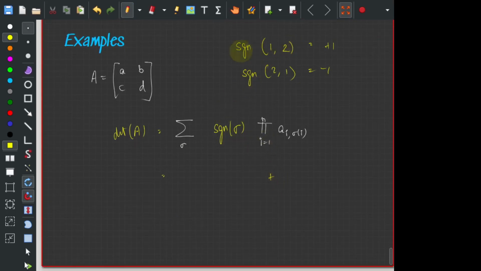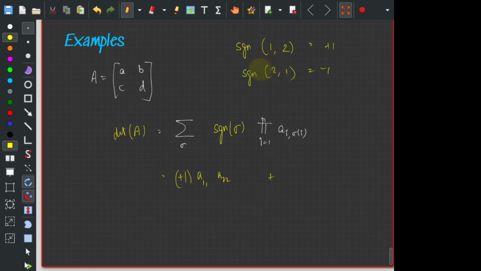The first permutation is 1, 2, and that is +1 times a1 sigma of 1, which is a11, times a2 sigma of 2, which is a22, because sigma of 2 is equal to 2.